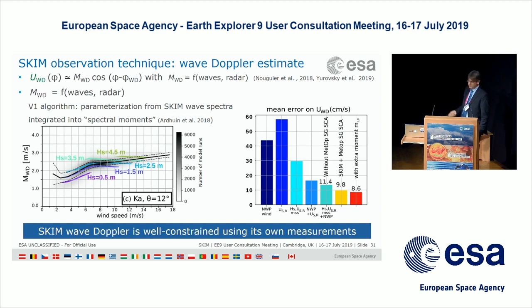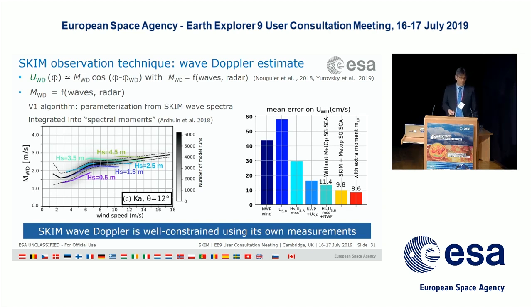So if you had to use only one parameter to retrieve the wave Doppler, you could use the wind speed. Actually, we have tested many different parameterizations using different numbers of parameters or moments of the spectrum, and this is what you get here on the right. With only wind from NWP, you get an average error of 40 centimeters per second, which is typically what we had as an error for the Sentinel-1 processing, or sorry, MVSat, for the Doppler.